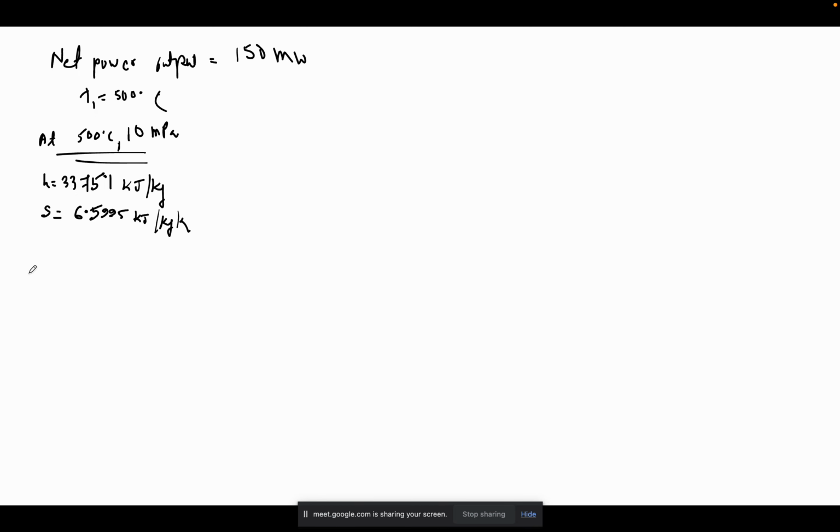Also for the other two pressure levels, at 0.5 megapascal, I know Vf is equal to 0.00109255 meter cube per kg, okay.